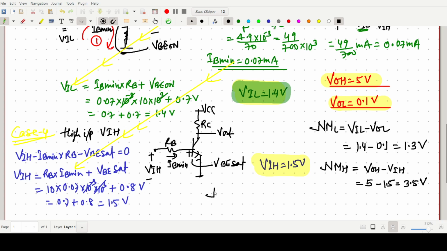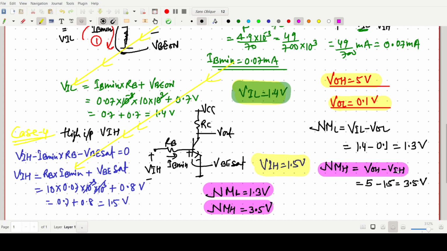So our final answer will be NML will be 1.3 volt and NMH will be 3.5 volt. So this is all about this question. We can use this formula I have already written at the very first.